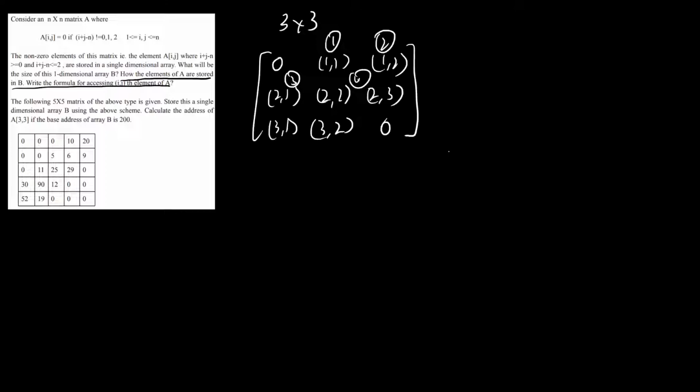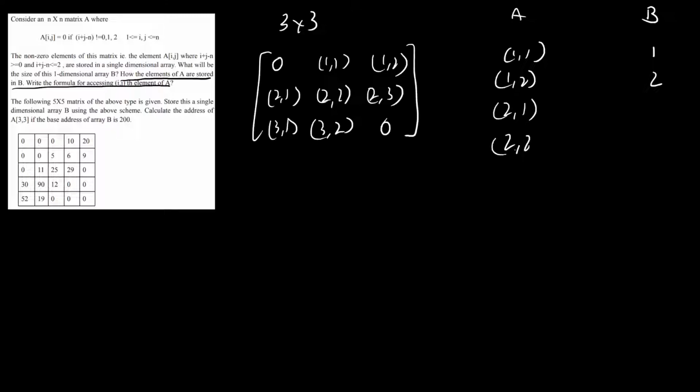So let's see. 1 comma 1 will be the first element of array B. 1 comma 2 will be the second element of B, and I'm just writing all of these down. 1, 2, 3, 4, 5, 6, and 7.